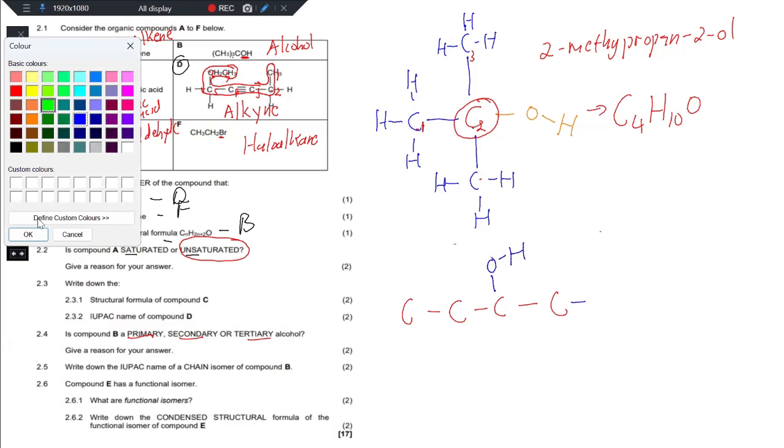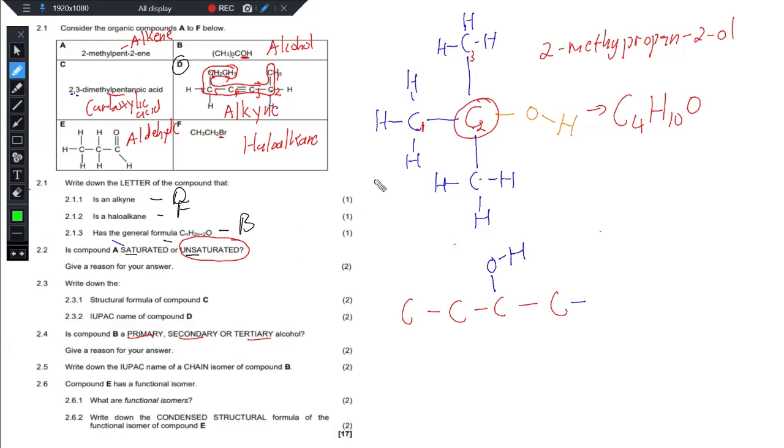Then remember, it's not a positional isomer, it's only a chain isomer. So we must not change the position of the hydroxyl group. So in here, we can then indicate our hydrogen atoms. And there we go, right. So we haven't changed the position of the OH there.